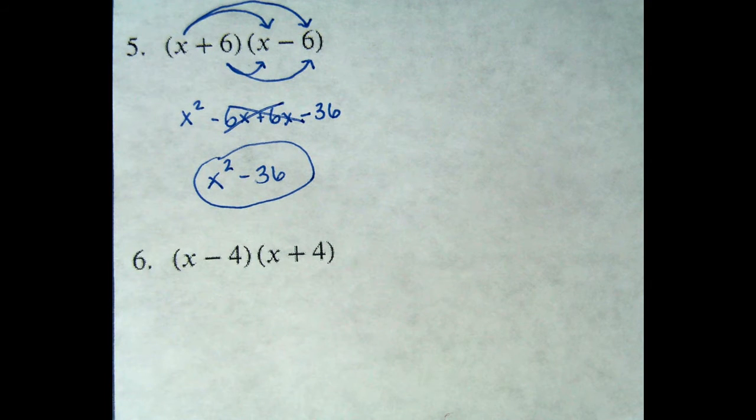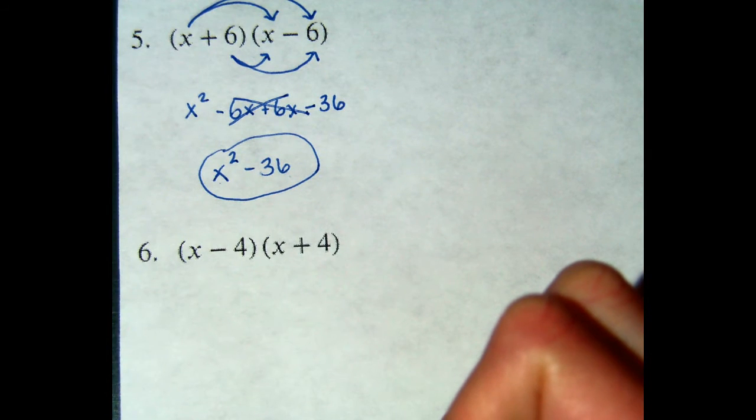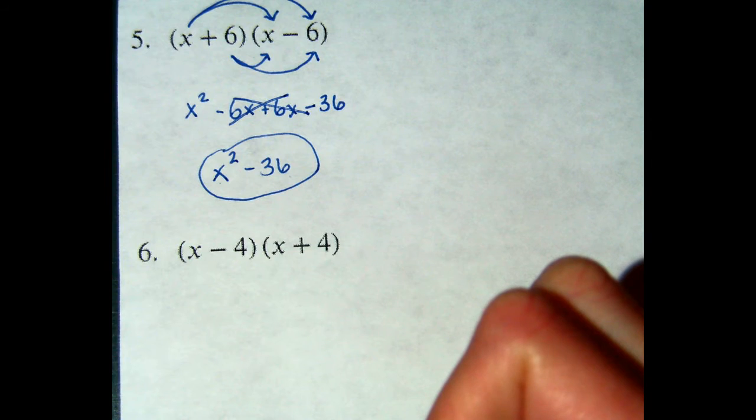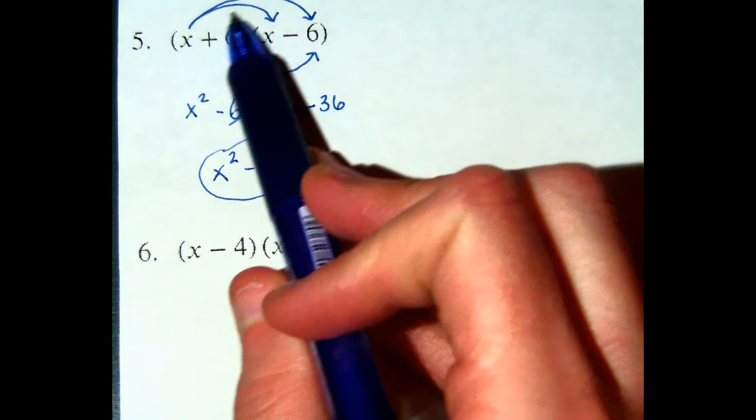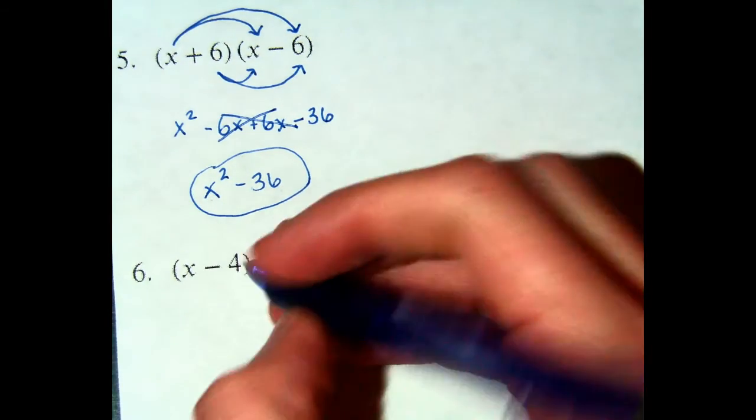What do you think? You think the middles are going to cancel? The middles will cancel, that's the rule. But where do you get these two numbers? Oh, from the outside, here and here. Alright, so distribute.